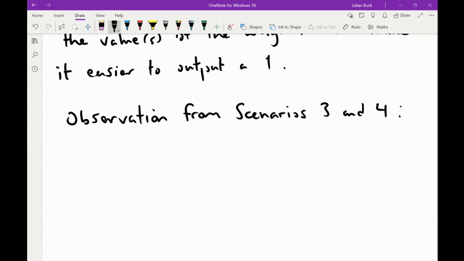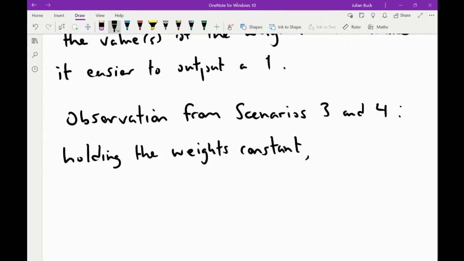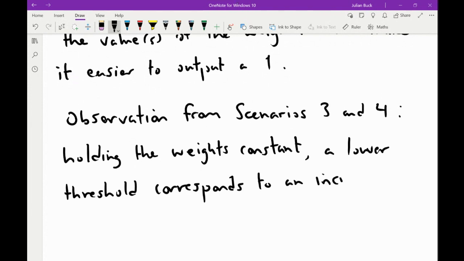By which I mean, holding the weights constant, a lower threshold corresponds to an increased willingness to attend.